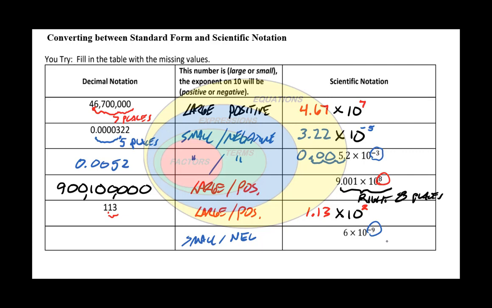So 6.0, if we move it to the left 9 places, we would have 8 zeros and then our 6. So we'd have to use placeholders. It got kind of messy, but it would be 0.12345678 and then the 6. So a total of 9 decimal places.